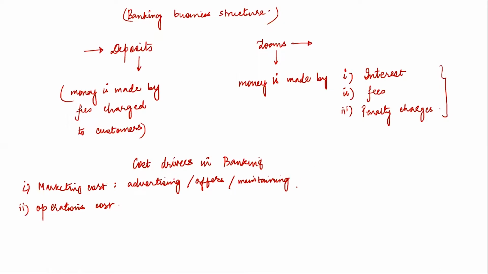Discounts will be in offers. Advertising costs, all kinds of offers, discount offers, or any kind of particular offer. But salary for employees is under operations.